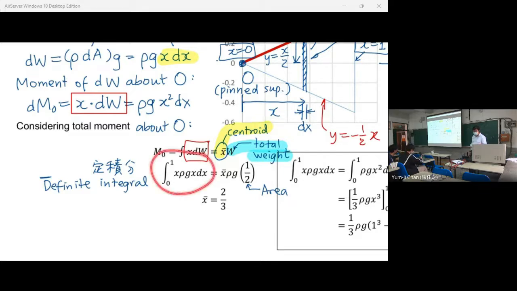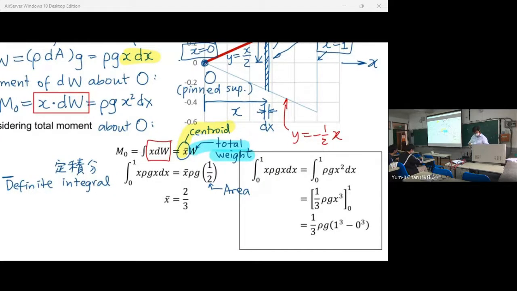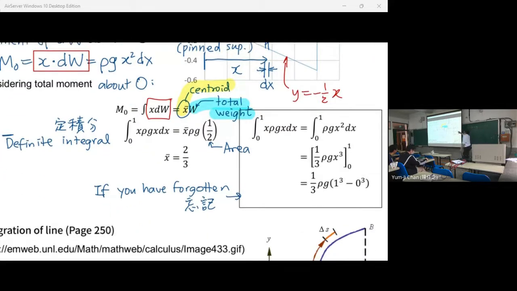And for the definite integral, in case you have forgotten, this is how we do it. We put rho g x squared dx here, and the integration of x squared is x cubed divided by 3, and we put 1 here and 0 here, which is equal to this one.